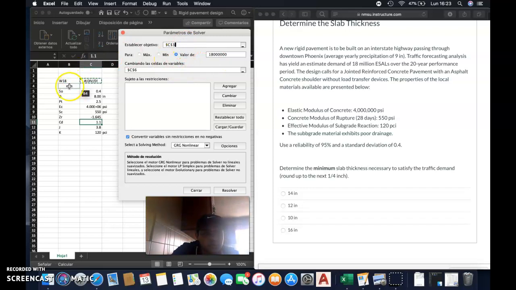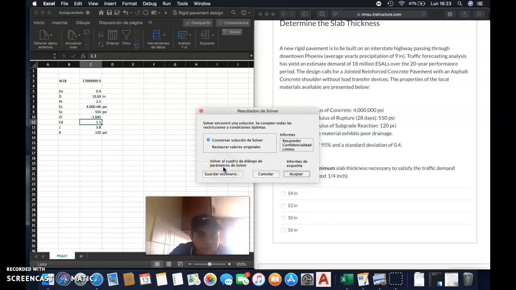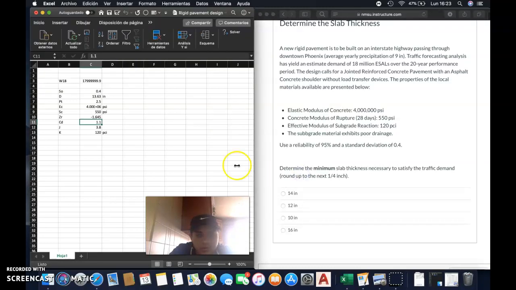We check, this is W18, and this is the thickness. We put in Solve, accept. Okay, we get a thickness of 10.63.